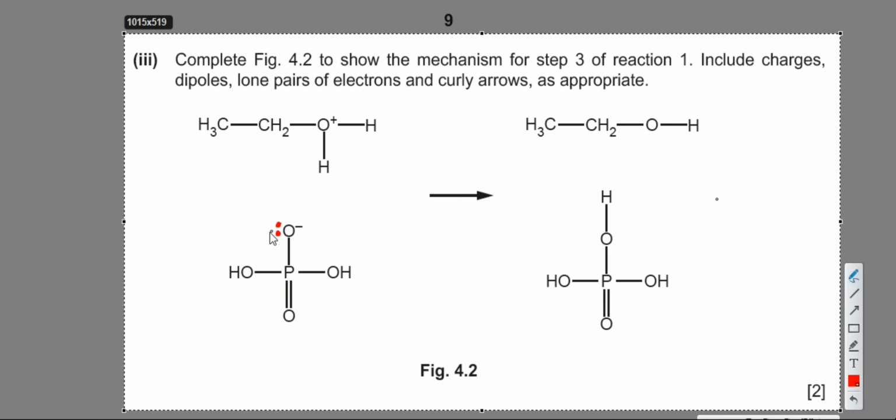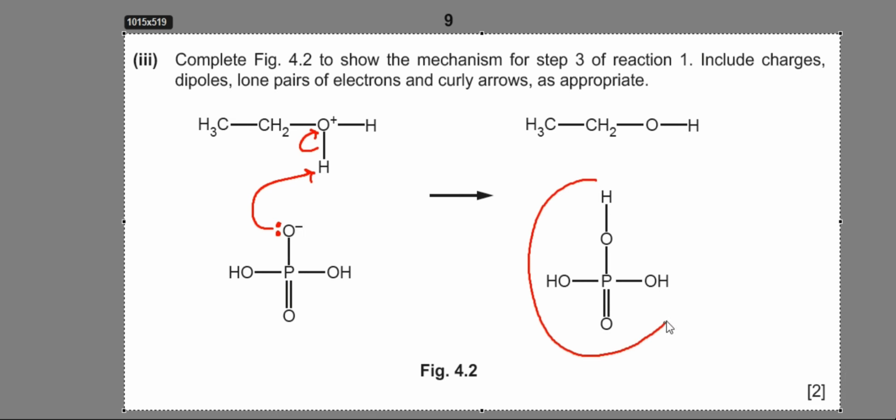Whereas here, what is going to happen because of this electron deficiency? This oxygen atom is going to attack this hydrogen, and then the oxygen will take away its electron back. When it takes away its electron back, what happens? This bond is broken, and this part is taking back its hydrogen, a proton. So that's why we can say at the end this part is recovered. Because of the recovery or reproduction, we can say it is acting as a catalyst.